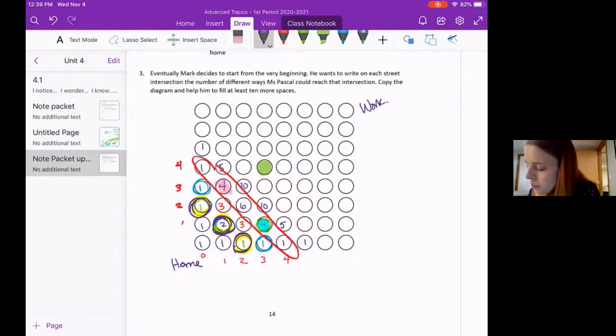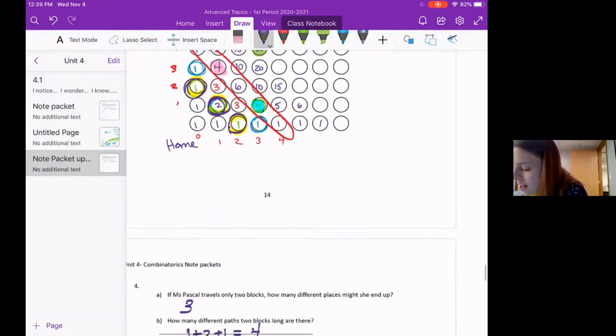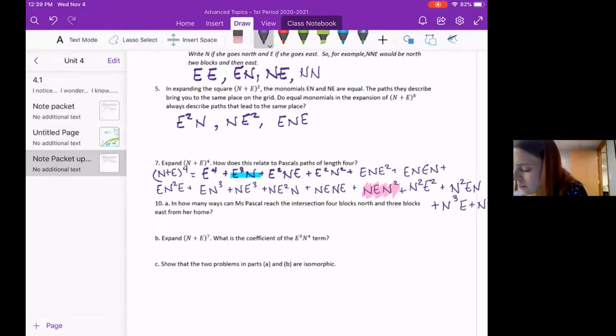Remember that for Pascal's triangle, you're adding the 2 numbers that are diagonally above when we normally set them up. Now they're sort of diagonally below and to the right. So if we wanted that green spot, we'd take 15 plus 20, we would get 35. So there are 35 different ways to reach that location.